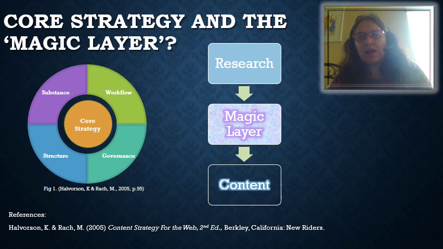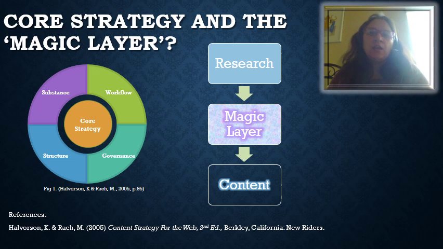In order to do that, we'll come over here to the research, magic layer, and content graphic. You're going to do all your research, all your interviews, finding new information, getting everything put together. And then the magic layer, which I think is great that they actually call it that in Content Strategy for the Web, because even when I was doing this kind of for fun for myself, I always said this is where the magic happens.